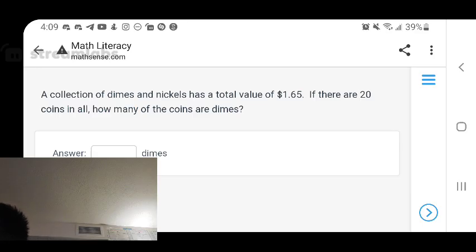It might have been loud. My pen just hit my headphones. I could do 2d plus n is 25 cents? That doesn't sound right. I'm confusing myself. 33 cents. But really? But 2 dimes and 1 nickel is 25 cents.